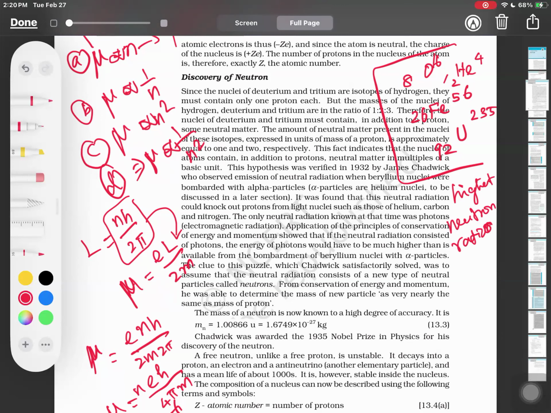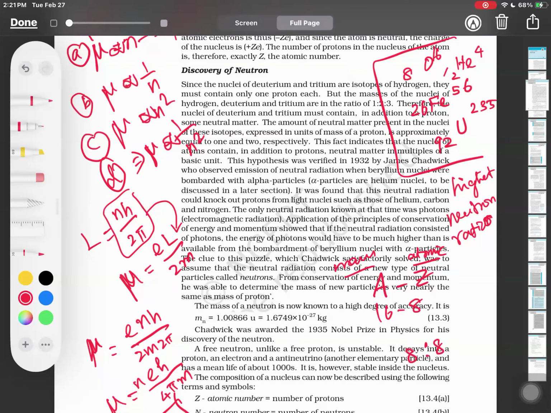The mass number minus the atomic number. So what is the mass number of oxygen? 16 minus 8. So oxygen is having 8 protons and 8 neutrons.